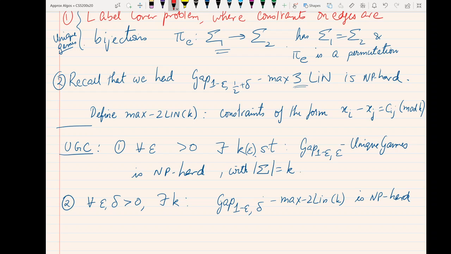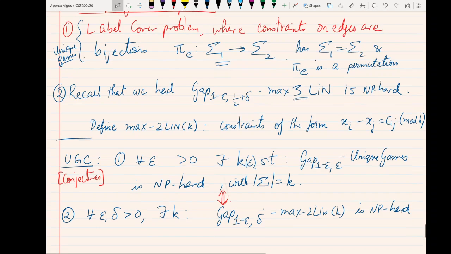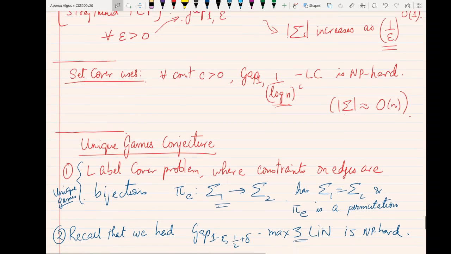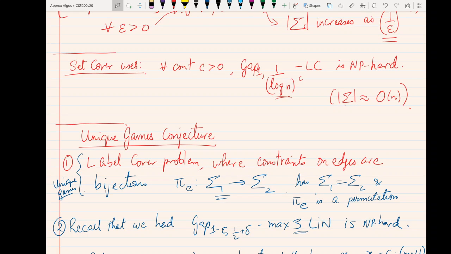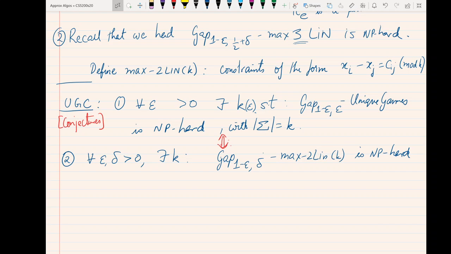The point to note is that these are conjectures, and both are equivalent. This is a starting point for stronger hardness of approximation results for problems such as max cut. You do get an inapproximability result for max cut via the label cover problem in its original form, but it gets you to something like 16 over 17. With the UGC, which is a conjecture, you can get it all the way up to the Goemans-Williamson constant exactly.